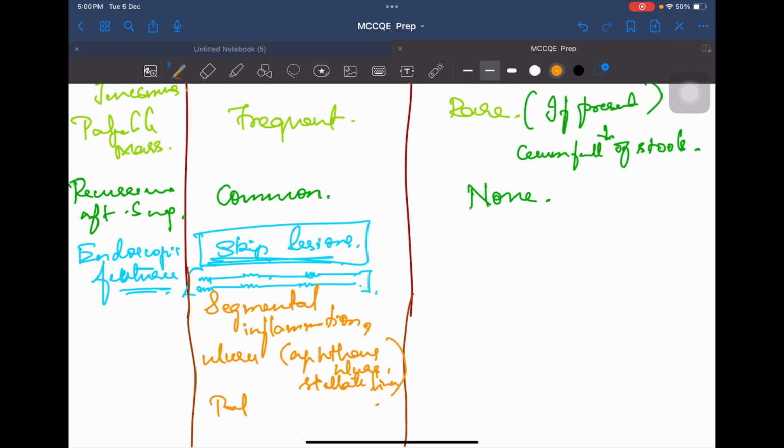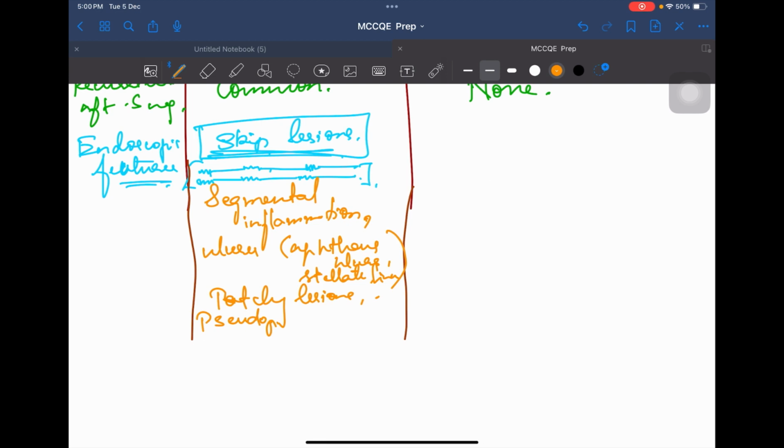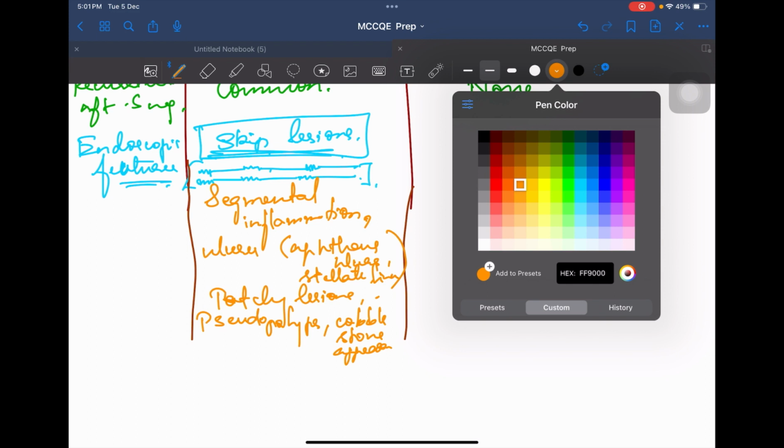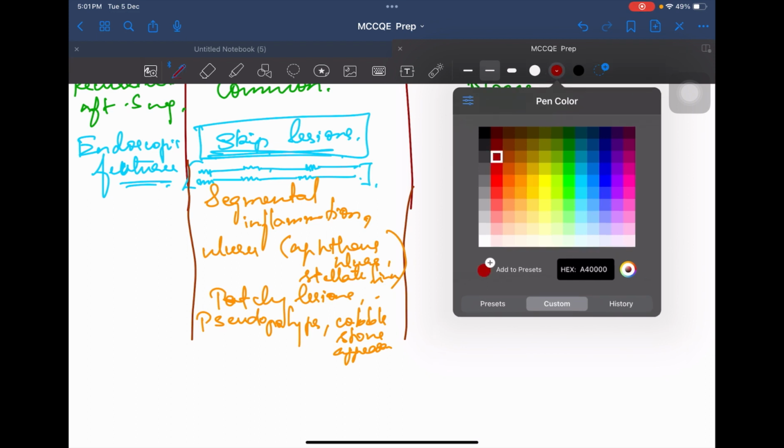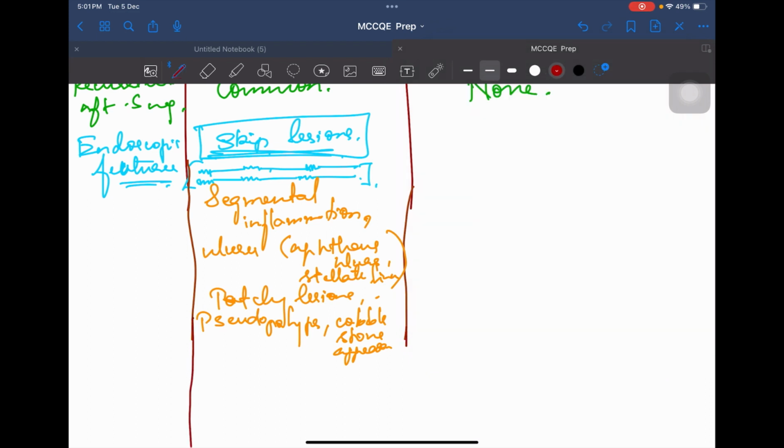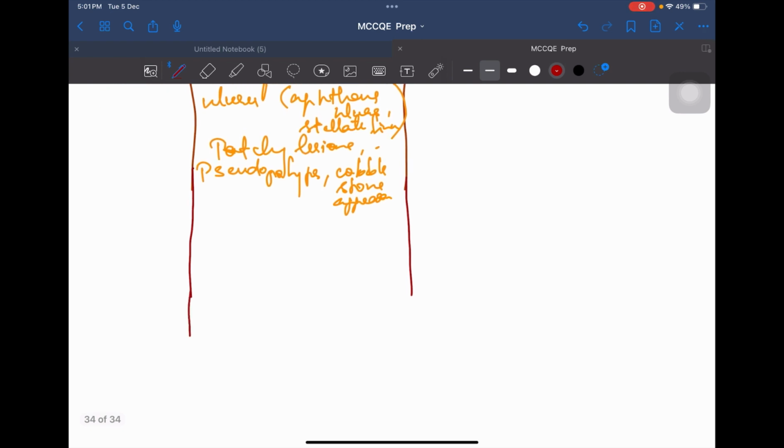Then there will be patchy lesions, pseudopolyps, and cobblestone appearance. Okay, so these are the endoscopic features associated with Crohn's disease.